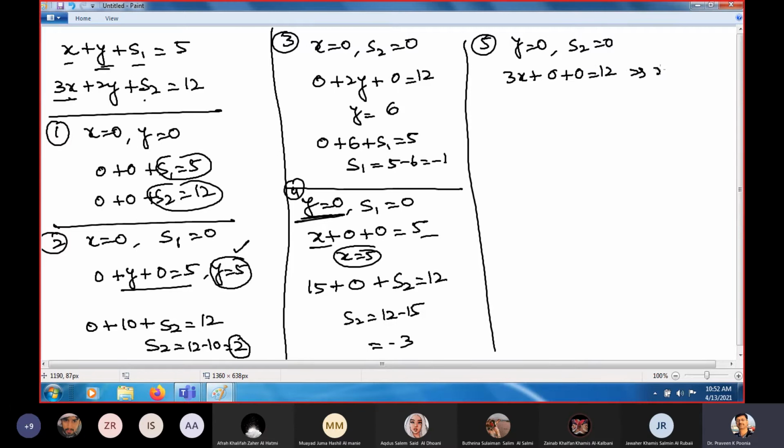So x is equal to how much? Divide by 3. 12 divided 3 is 4. Now, taking equation 1. X is 4. Y is 0. S1 is equal to 5. So this implies S1 is equal to 5 minus 4. It is 1.